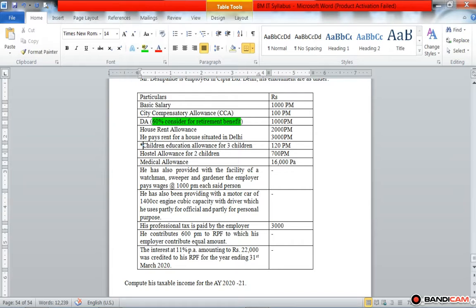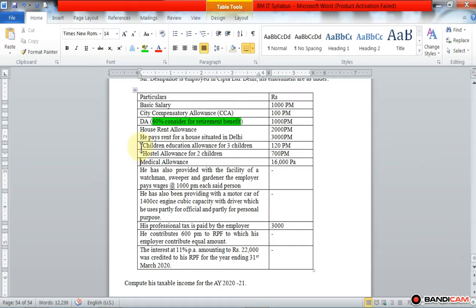Children education allowance amounted to rupees 120 per month. Then hostel allowance, also partly taxable and partly exempted, for two children amounted to rupees 700 per month.